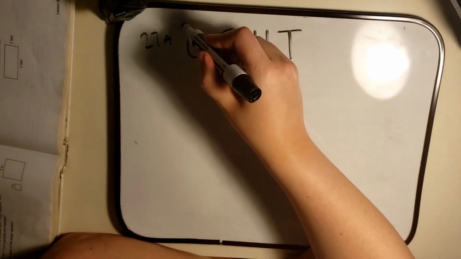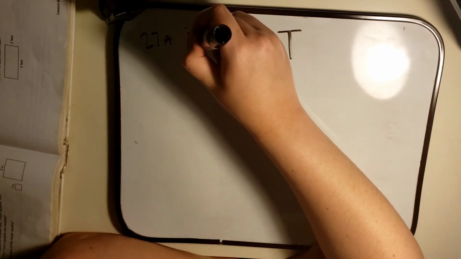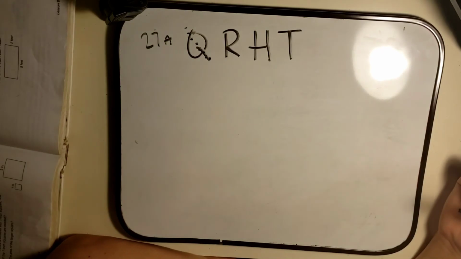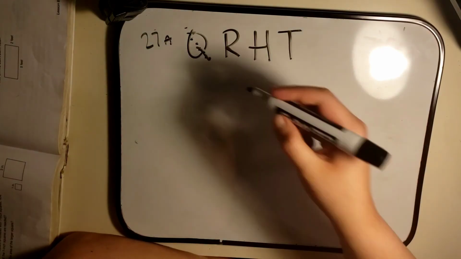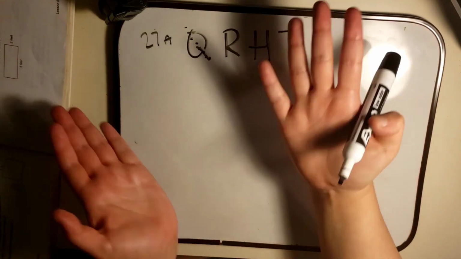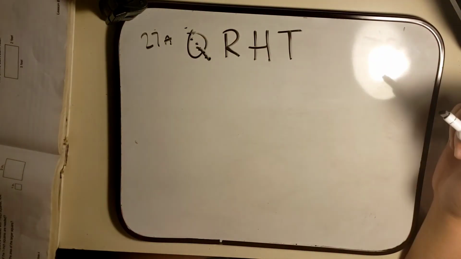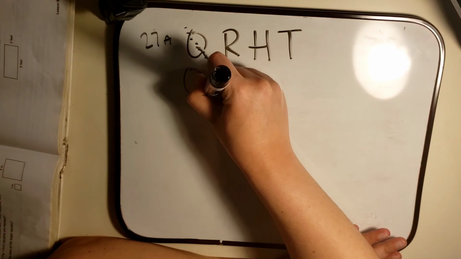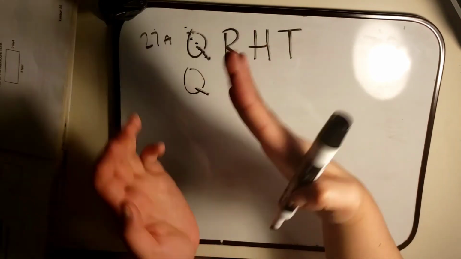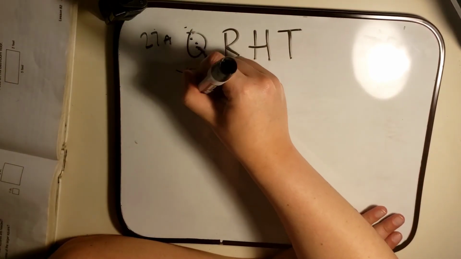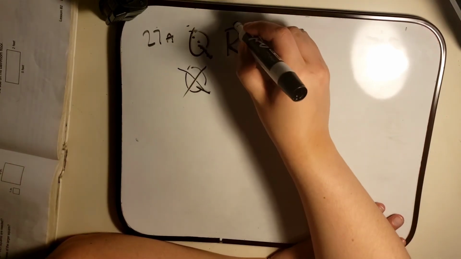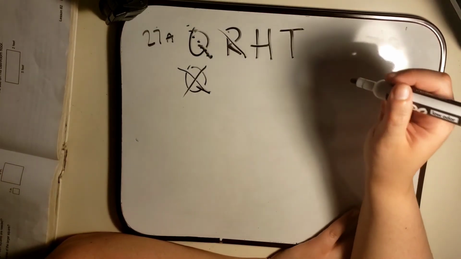Because Q, you can divide it along that way. Some Q's, the way I write my Q's, you could divide it that way, fold it in half, and you'd get an even one. But their Q is a little kind of like that. You wouldn't be able to divide that equally. So Q does not have a line of symmetry. R also has no line of symmetry.